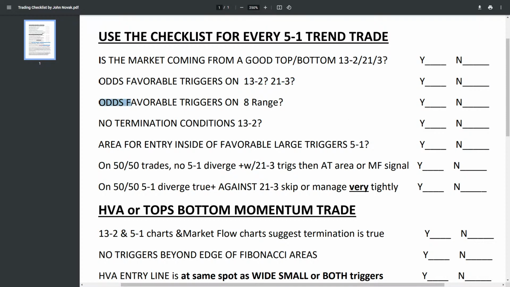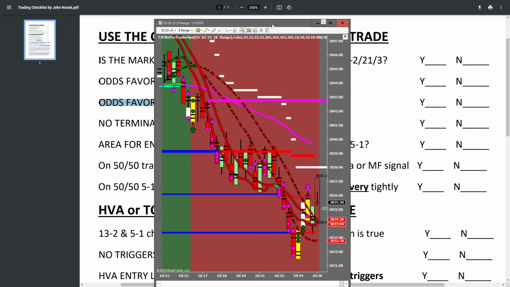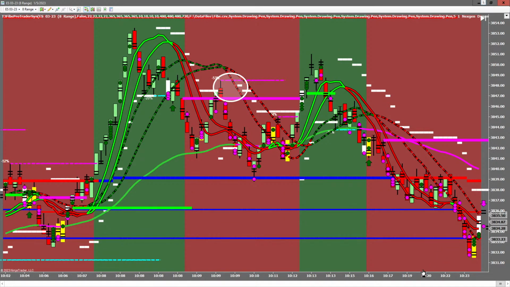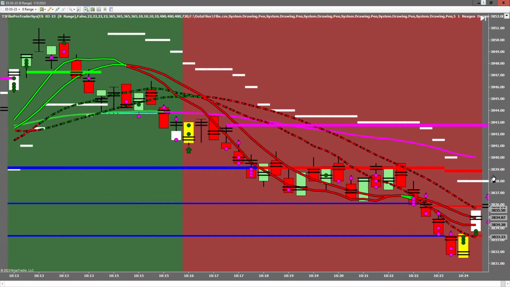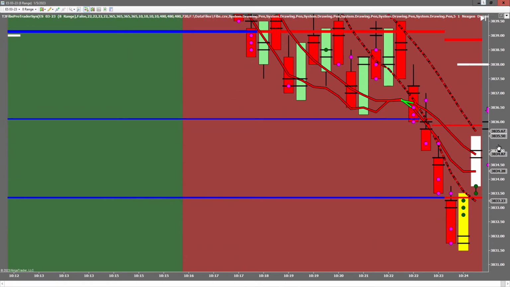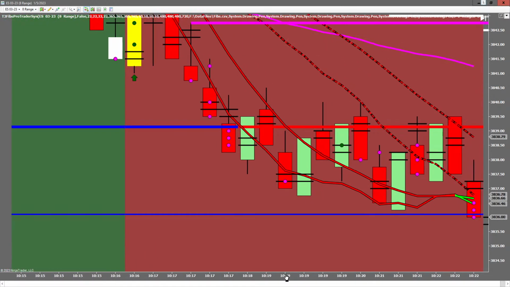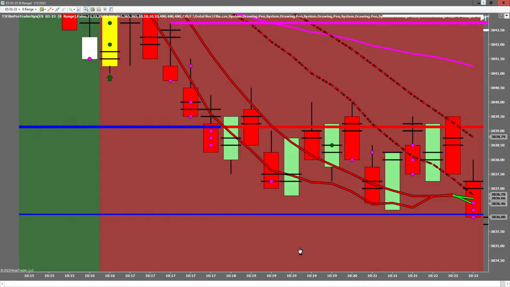Do I have odds favorable triggers on the 8 range? What? Another chart to look at? So what are odds favorable triggers on an 8 range chart? I want you to answer the question. Strong triggers. Smalls outside the large. Everybody okay with that?